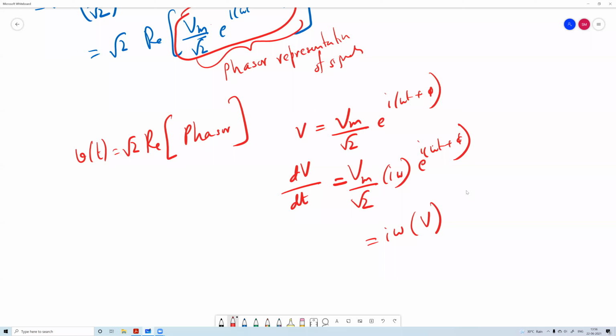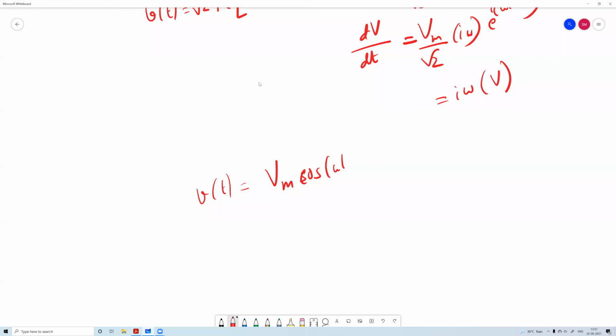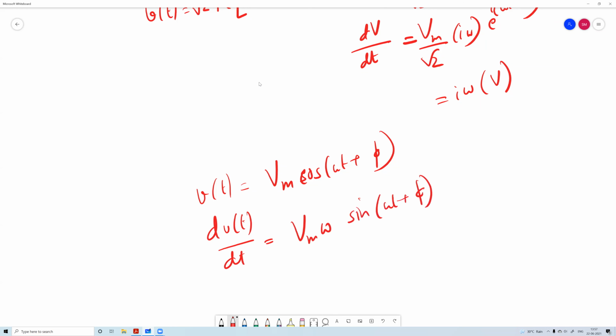Yes or no? i omega times V. Yes, sir. Right? Now see, if we had taken the original form, v(t) equal to Vm cos of omega t plus phi naught, what would have been dv(t) by dt? Vm omega sine of omega t plus phi, that is not equal to omega times v(t).